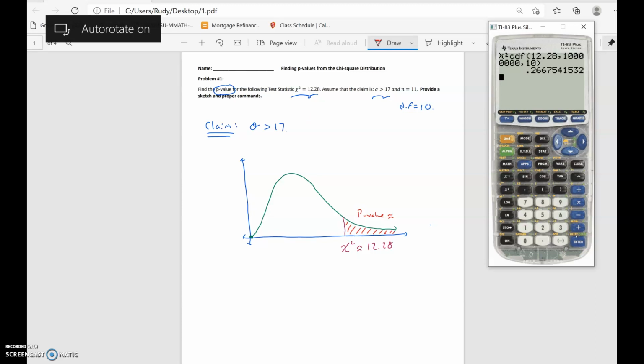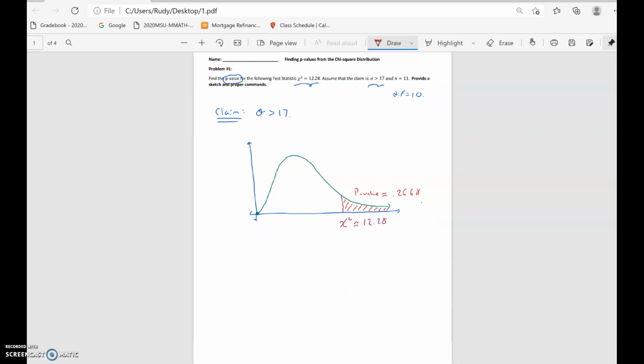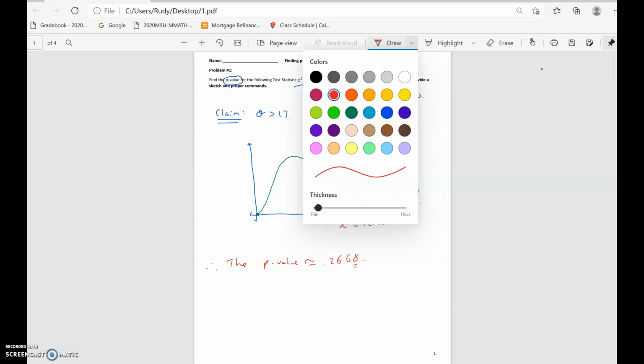In this case, our p-value, and I'm going to round it to 4 decimal places, is 0.2668. Let me just write out that the p-value is approximately 0.2668, rounding to 4 decimal places.